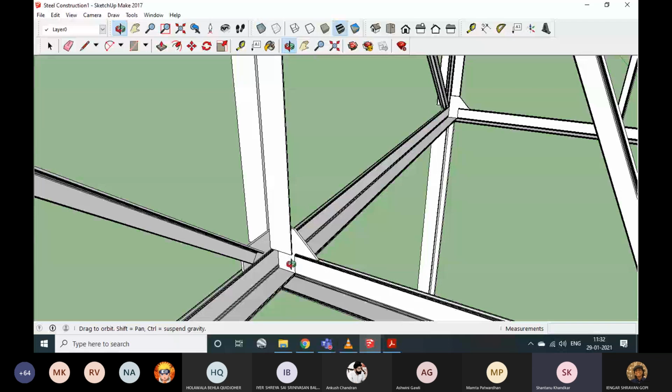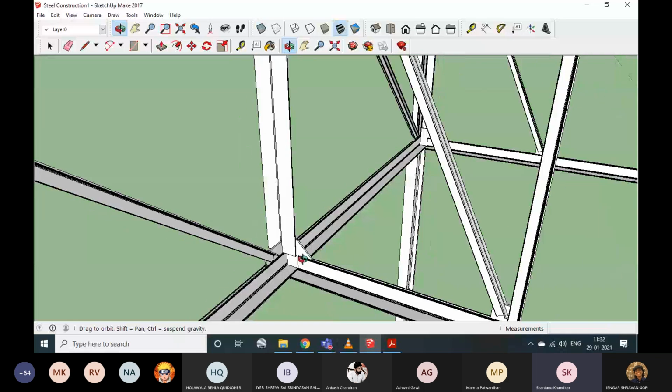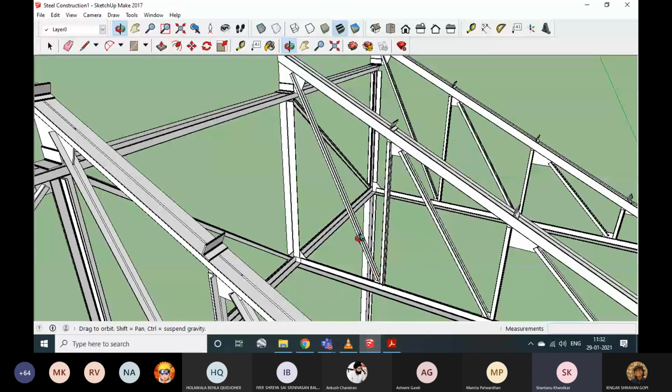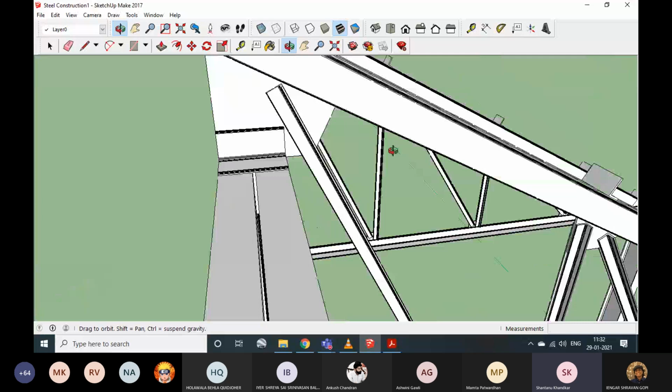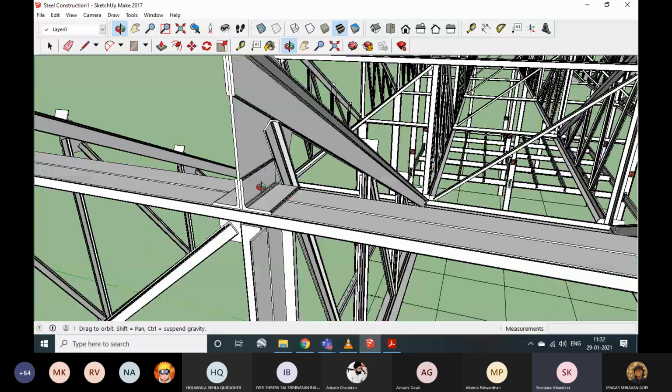The strut of this truss is also connected to the gusset plate over here, which is connected to the top chord of the lattice girder by means of these two cleats. So you can see how that is working out.